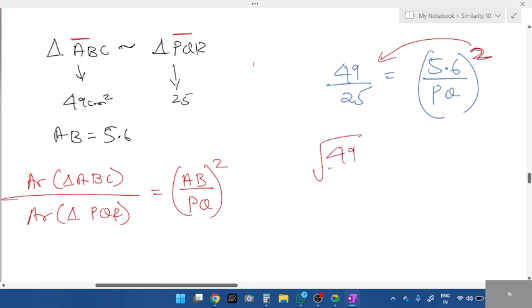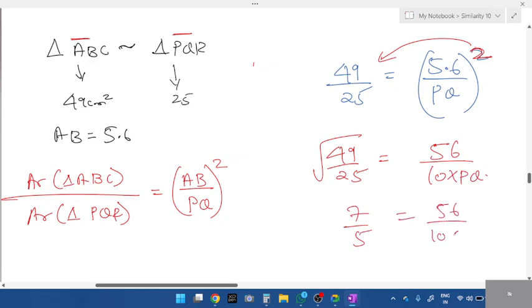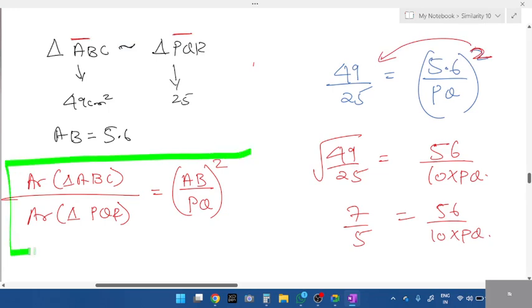Root 49 divided by, can I write 5.6, into PQ. What is the square root of this? Is it clear? The reason I've taken this formula is they've already told us that these two triangles are similar, students. If it is similar, take the area, one side, one side, square it. Complete it. Find the value of PQ.